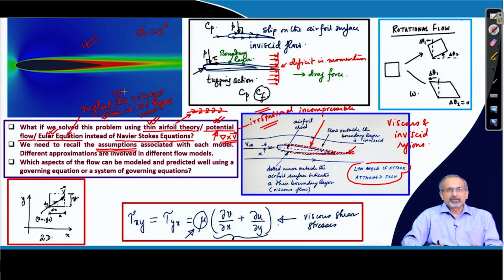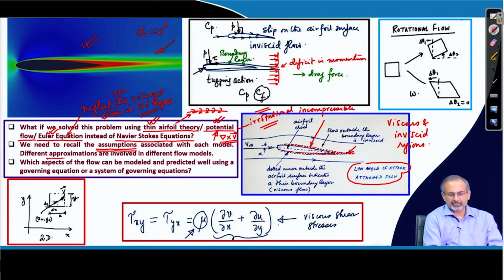So, keeping these assumptions very well in view, we need to understand what the capabilities of each one of these models would be, and from typical flow computation results like the ones we can see over here, we should be able to backtrack what could be the possible flow model which was used.